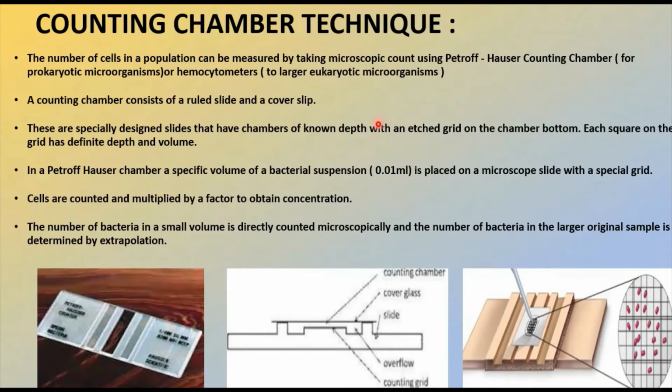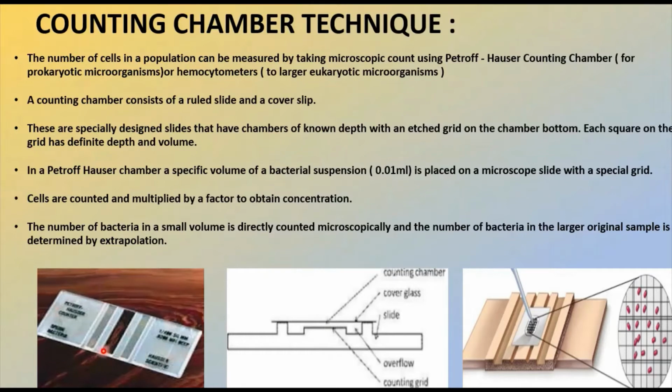In direct microscopic counting, a counting chamber consists of a ruled slide and a cover slip. Here you can see a cover slip layered on this chamber.